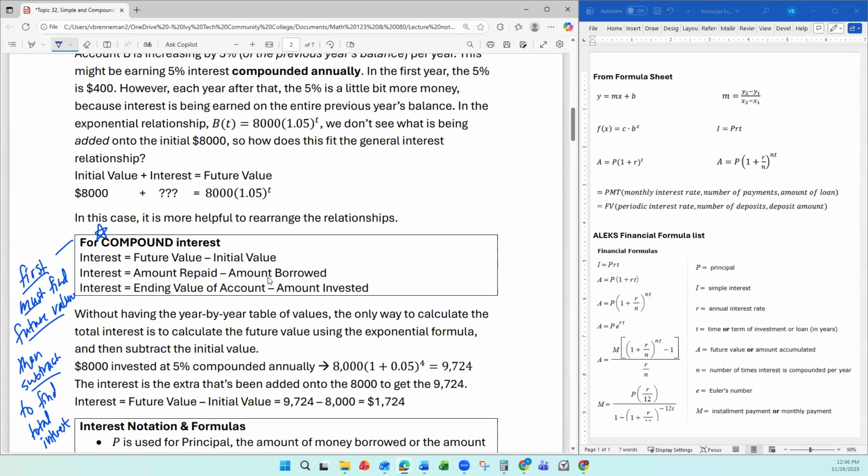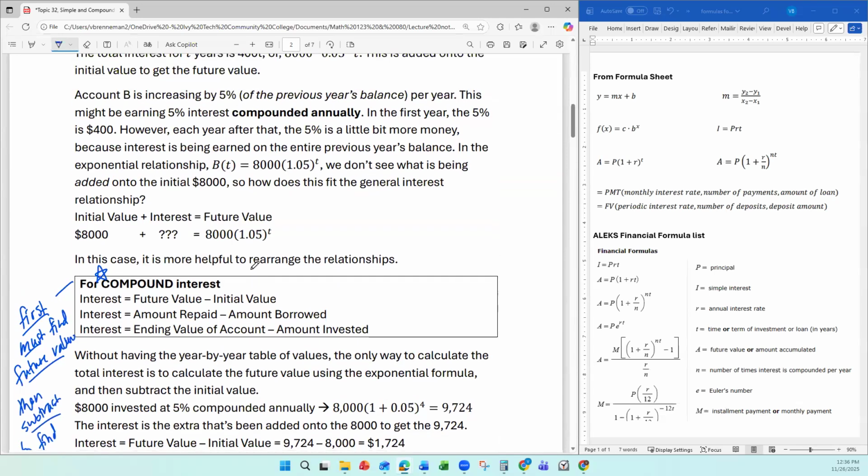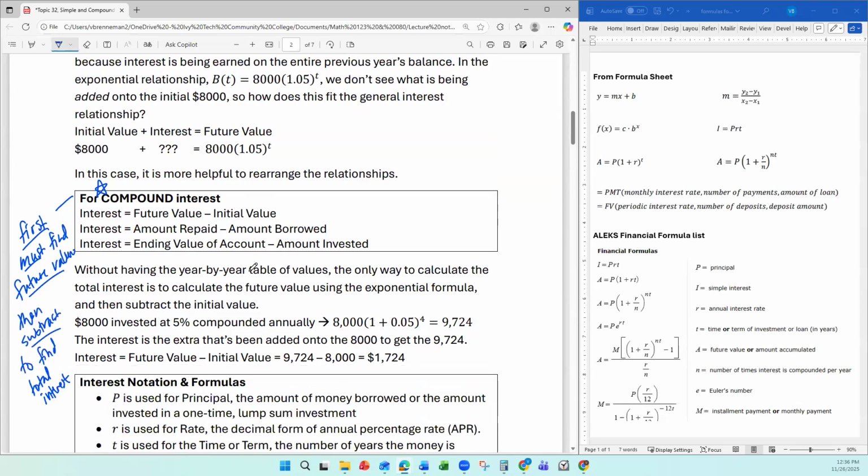So finding the interest can only happen after you've found the future value, after you found the total amount repaid, after you found the ending value of the account. You subtract the initial value to get the total interest.